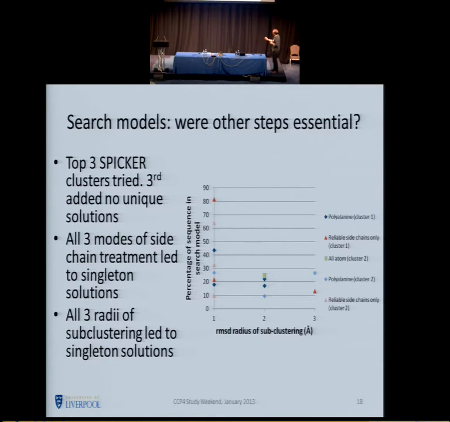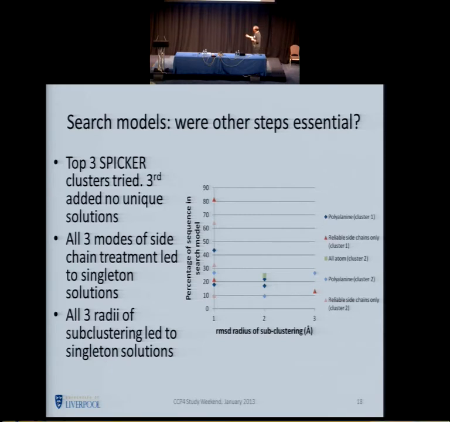And what this analysis shows is that all of those 3 different ways of treating the side chains, which are green, blue, and red, we get singleton solutions for each of those. So in other words, if we'd decided not to try one of those side chain treatment methods, we would have lost at least some of these singleton solutions, and the overall success rate would have gone down.